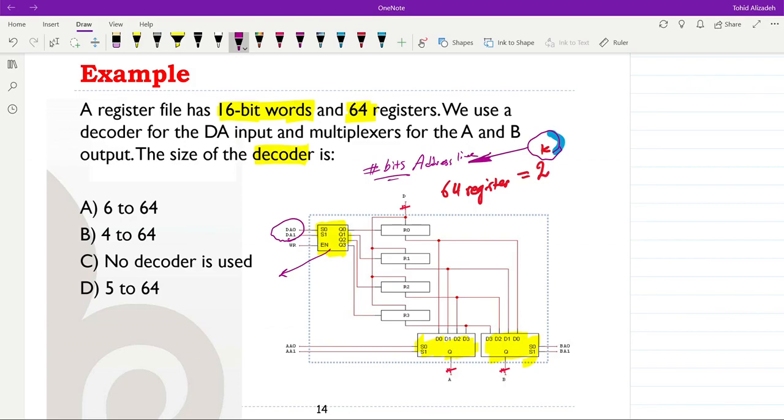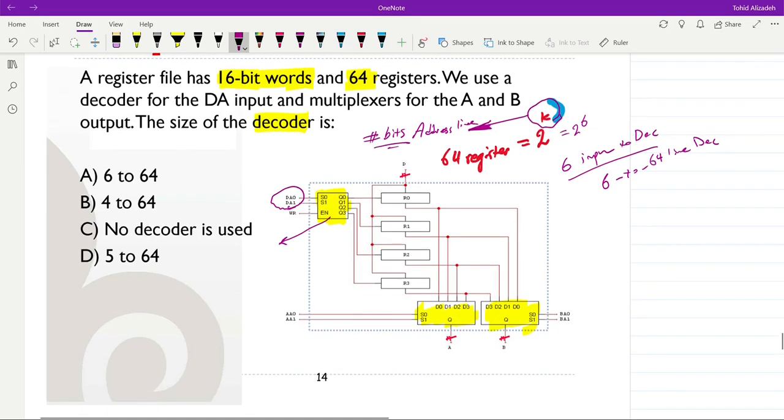So 64 is equal to 2 to the power of 6. Therefore, we will have k inputs to the decoder. Our decoder will be in the form of 6 to 64 line. On the other hand, for the multiplexers, the number of inputs will be equal to 64. Similarly here.